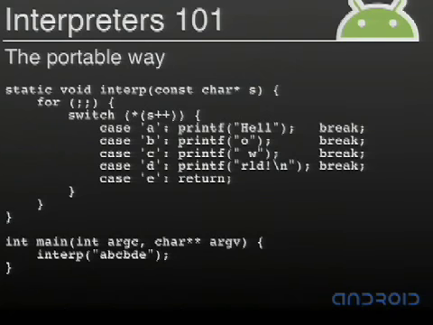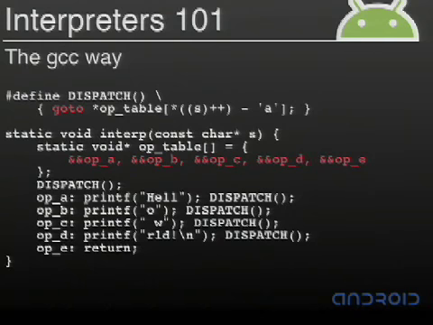So the fine folks who put together the GCC compiler are very aware of this problem, and there's a great extension to the C language that helps with it. And it's called computed goto. So this is one case where goto really isn't evil.